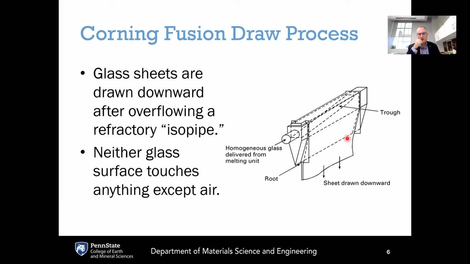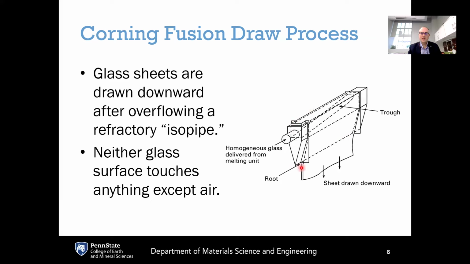The nice thing about the Corning fusion draw process is that neither of the final surfaces has touched anything other than air. The only part that touches the solid is at the interior, at the so-called fusion line of the sheet glass. If half of it goes out to the right and half goes out to the left, the part on the right that has touched the isopipe ends up in the interior.